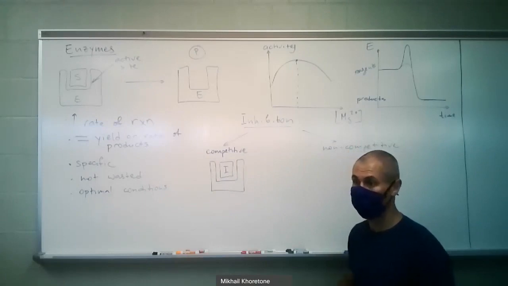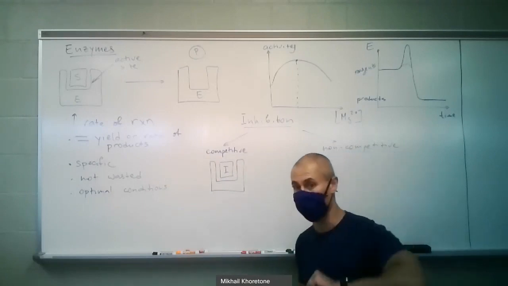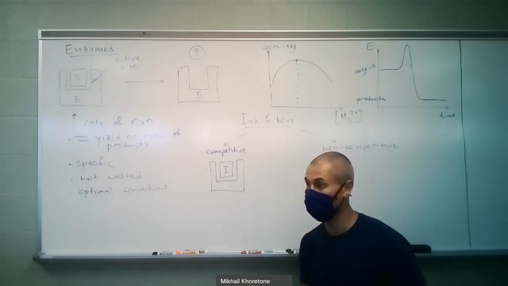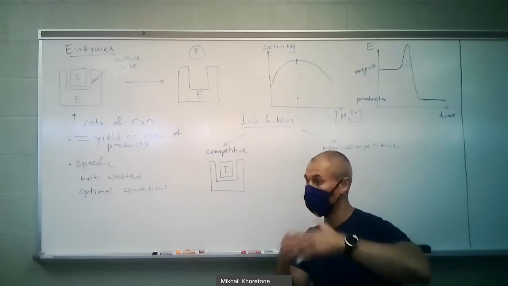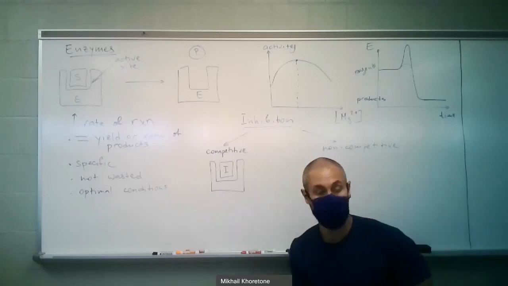So for instance, if Kenna is a substrate, I am the inhibitor, and the chair is the active site, we're going to compete for the chair. So right now she wins. That makes sense? But if I sit there first, that's it. She cannot take it. Does that make sense?